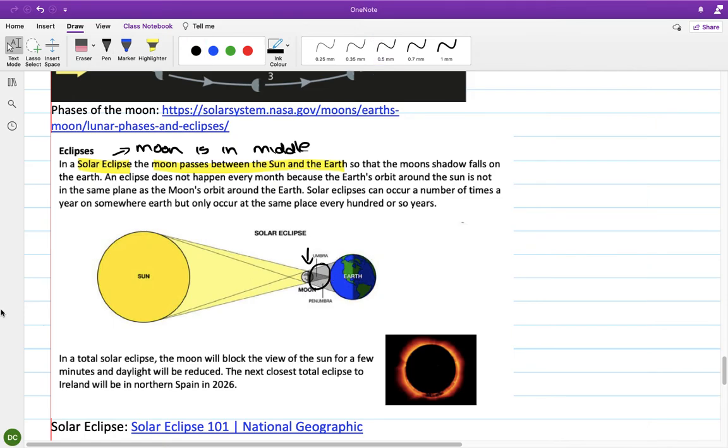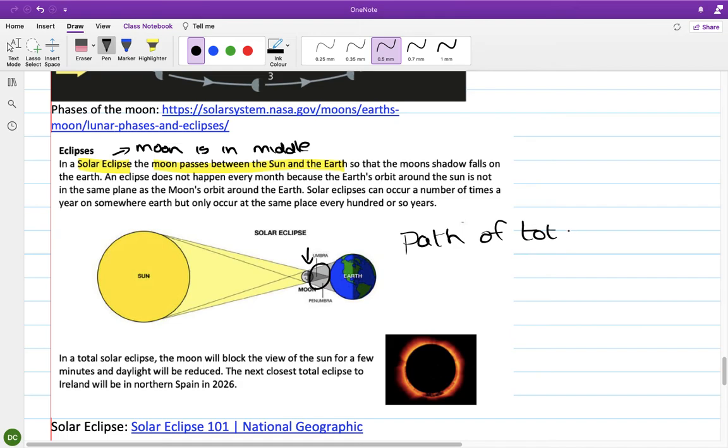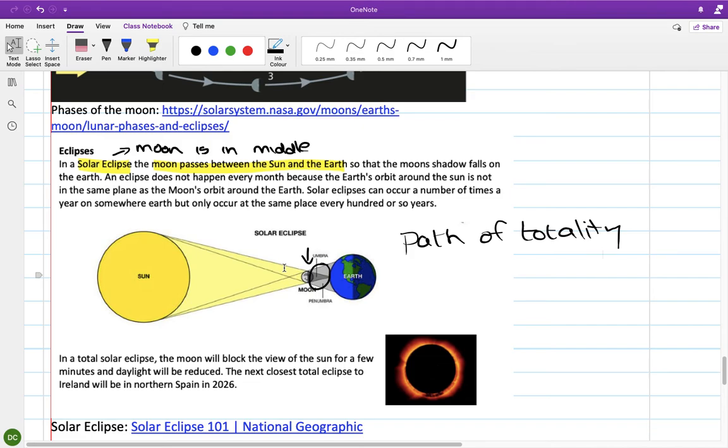If you were within the umbral shadow or the path of totality, you will see totality. You are in that really dark shadow, so you will see almost complete darkness. It will be like it has become nighttime. If you are within the penumbral shadow, which is the not so dark shadow on the outside, then you won't get complete darkness. You'll more get a dimming of your daylight.